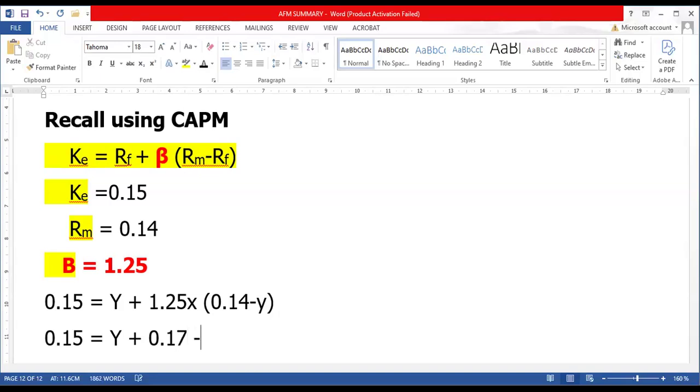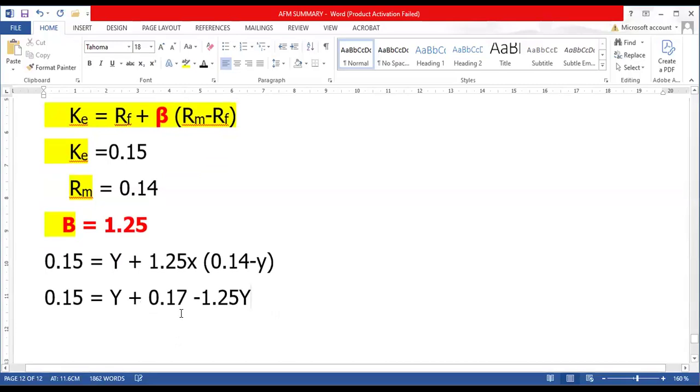Then minus 1.25 Y. It is 0.175. But don't exceed three decimal points, you'll be wasting time.